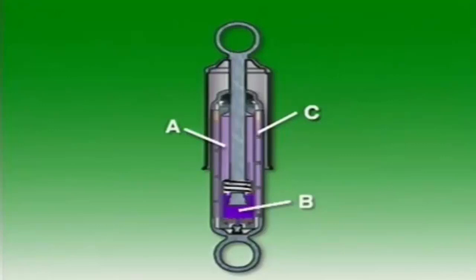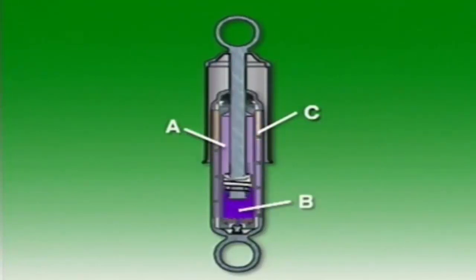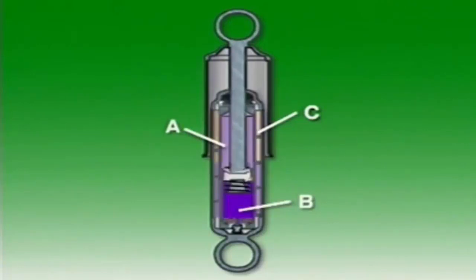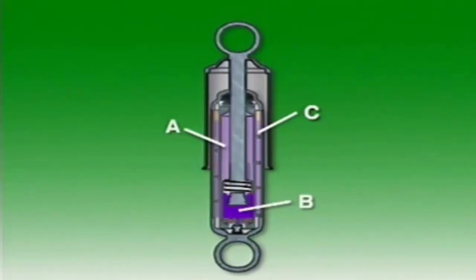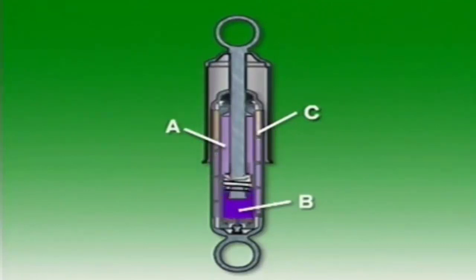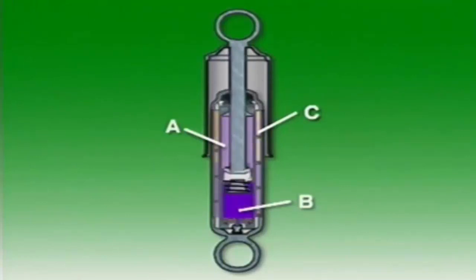On bump or compression, the piston and rod move downwards in the cylinder, resulting in a small pressure drop in the chamber labelled A above the piston. At the same time, the volume of the chamber labelled B below the piston is reduced, causing a high fluid pressure.